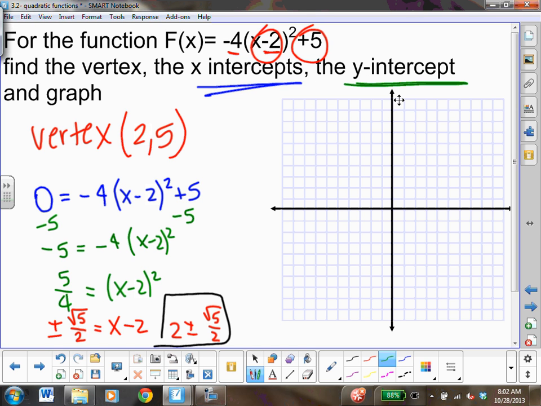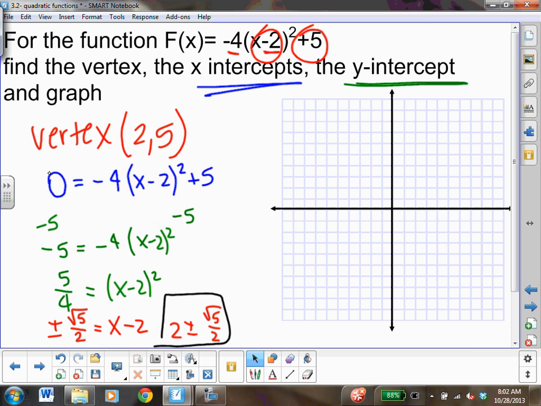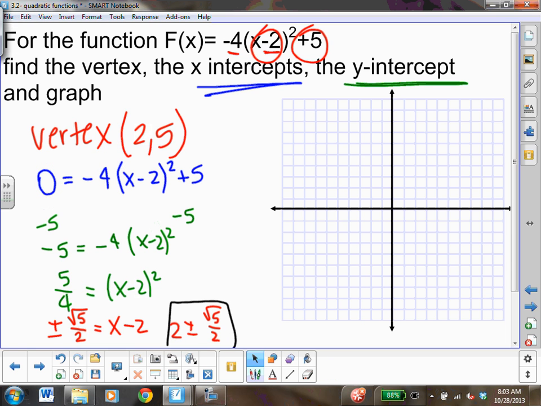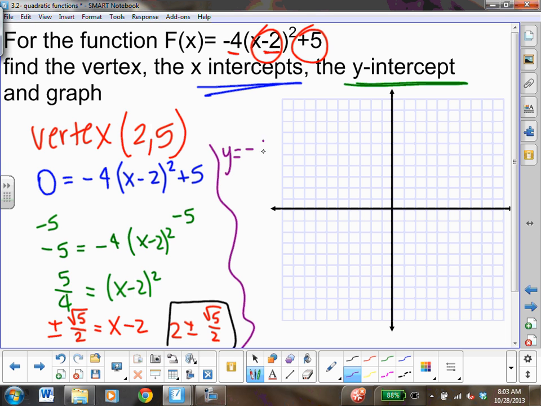Now for the y-intercept. The y-intercept occurs wherever x equals 0. So all I have to do is plug in 0 for x. So y equals negative 4 times 0 minus 2 squared plus 5.